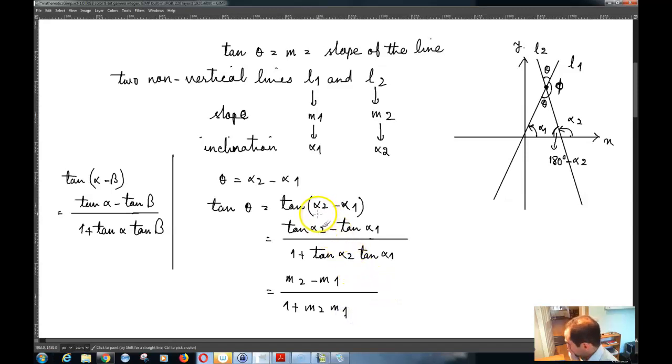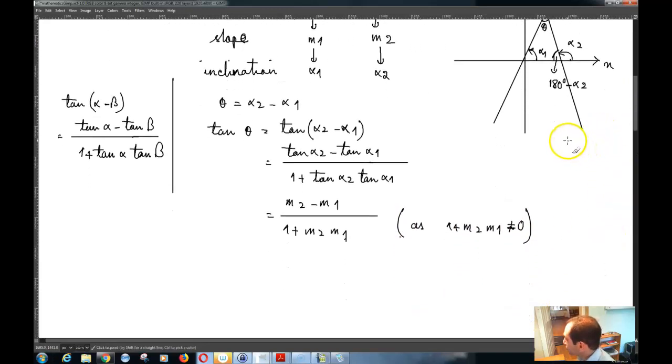And of course, you know that here 1 plus m2 times m1 is not supposed to be equal to 0. It can never be 0. So here I can write 1 plus m2 m1 is not equal to 0. This is something that you already know.